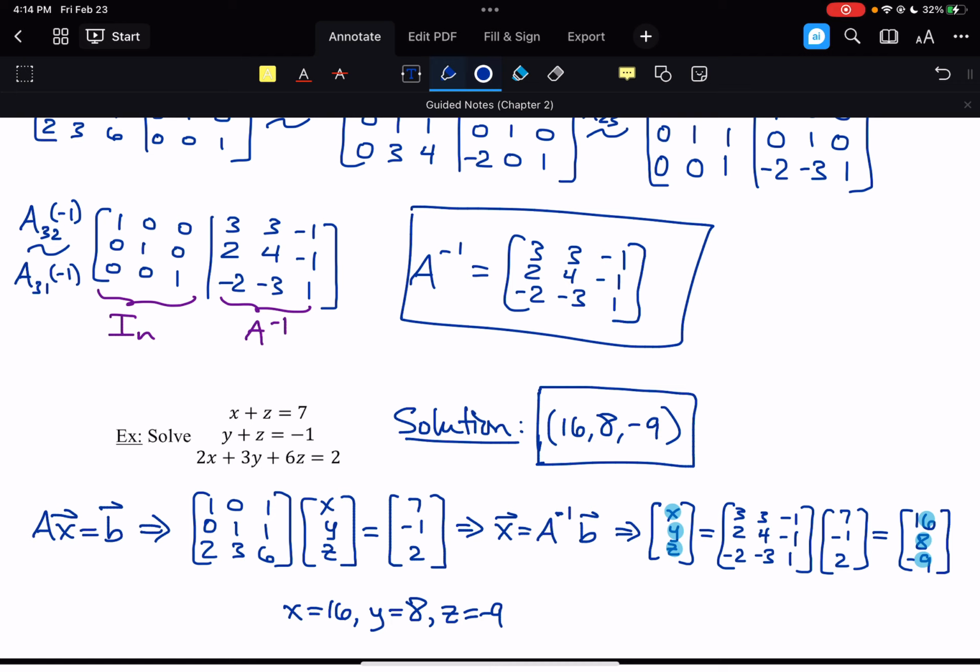The inverse matrix is going to be a major topic of conversation for us throughout linear algebra. Invertible matrices have a lot of properties that are very useful to us. We're going to look at a bunch of them in the upcoming section 2.8, and we're going to see how we use them throughout future chapters as well.